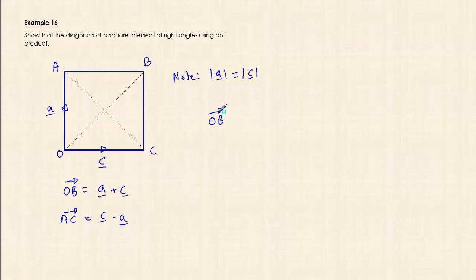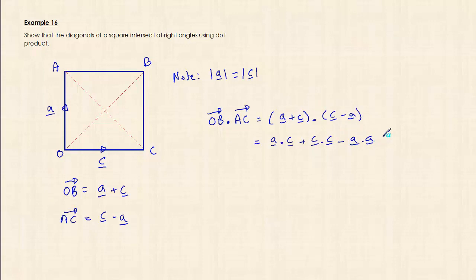Now let's do OB dot AC. So that's A plus C dot C minus A. And we can just expand the brackets. So that's A dot C plus C dot C, take away A dot A, take away A dot C. This cancels with this.